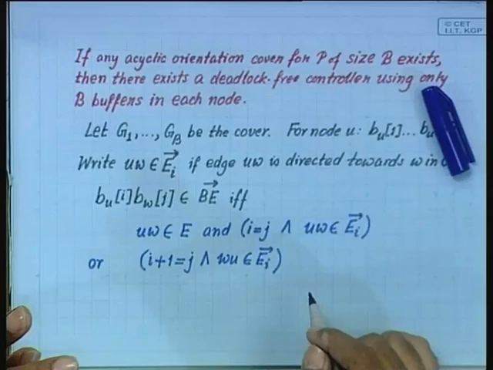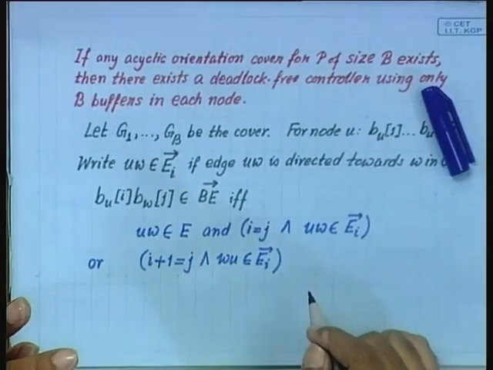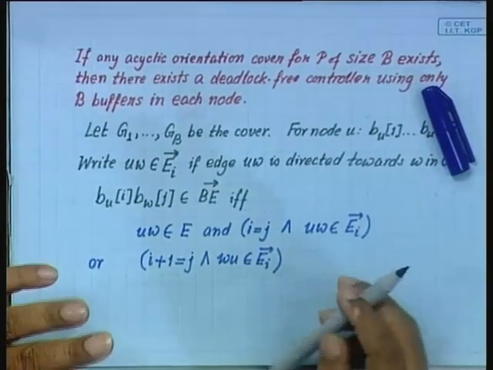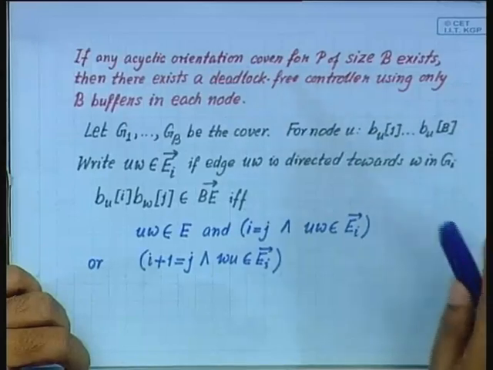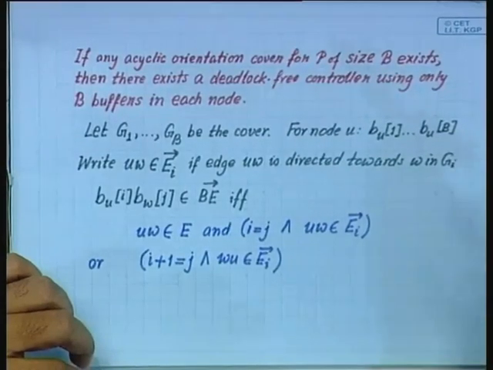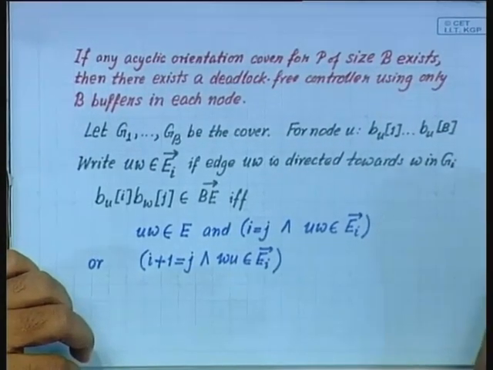So, that guarantees that this graph is acyclic, right. So, if this graph is acyclic and packets are only moving along the edges of this graph, this is going to be a deadlock free controller, right.